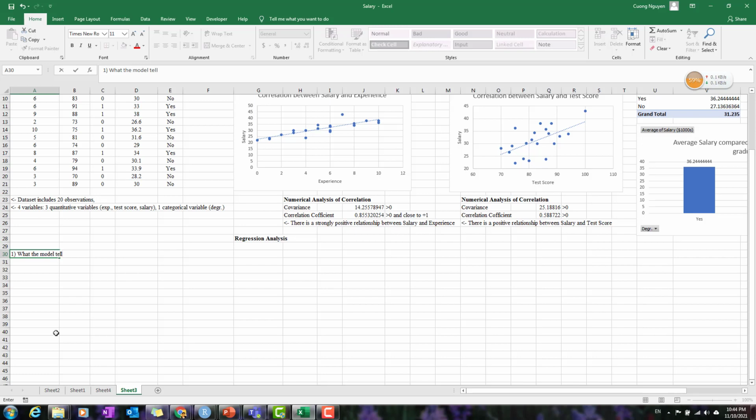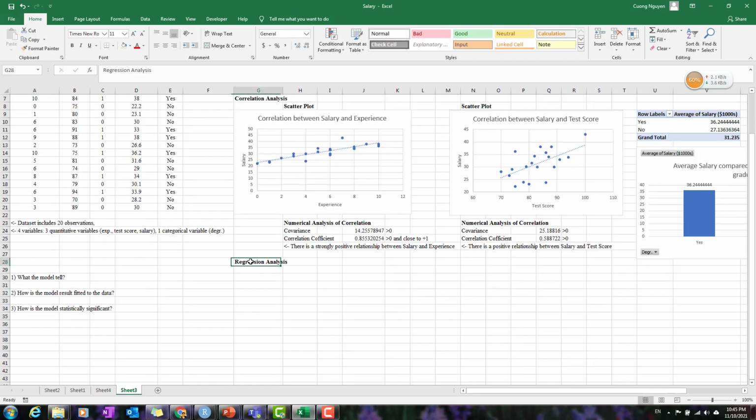The second question: how well does the model fit the data? And the last one: how statistically significant is the model?